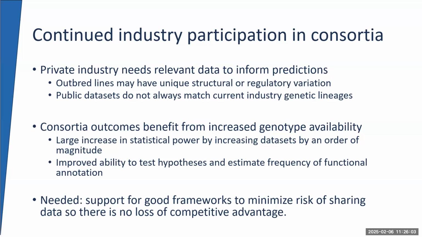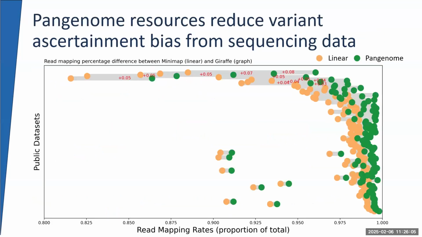I'd also like to say that some new resources are coming down the pipeline. I've done some work on the chicken pangenome to test how much of an improvement there is. Here I wanted to test one specific metric that's important for whole genome shotgun variant calling, and that is the read mapping rate against a reference genome.